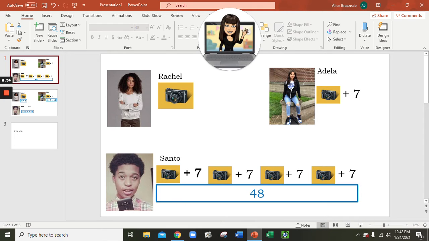So if each of these is 5, we have 5 plus 7 is 12. So 12, 24, 36, 48.